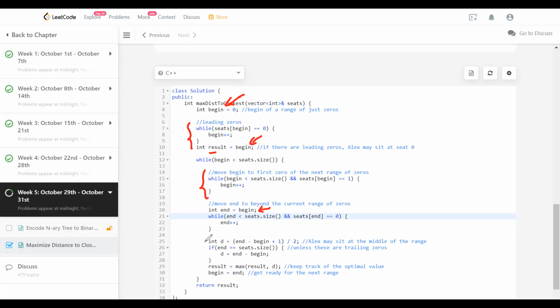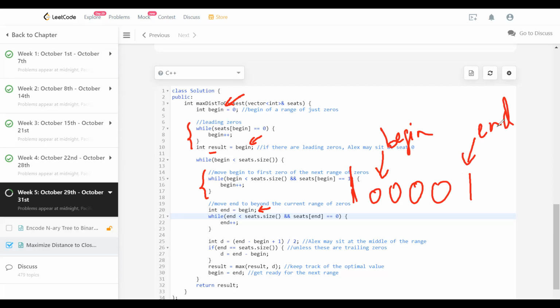So when I come out of here, if there is a one, then a bunch of zeros, and then again a one, begin is pointing here, and end is pointing here. So end minus begin is going to give me the size of the range. As we already saw, (end minus begin plus 1) divided by 2 is essentially a floor because it is integer division, and that's going to be the distance.